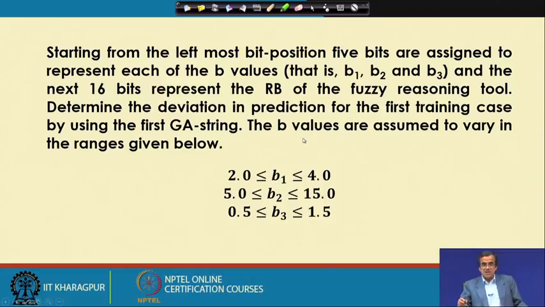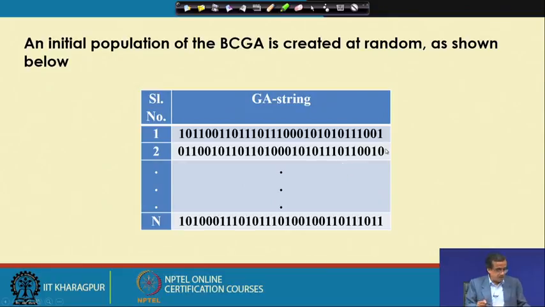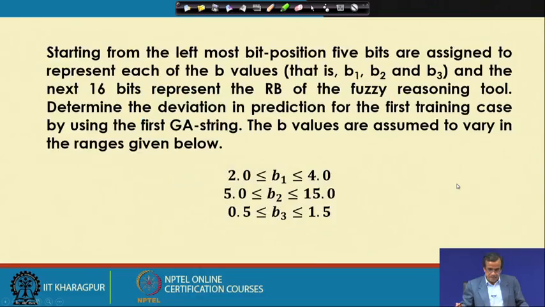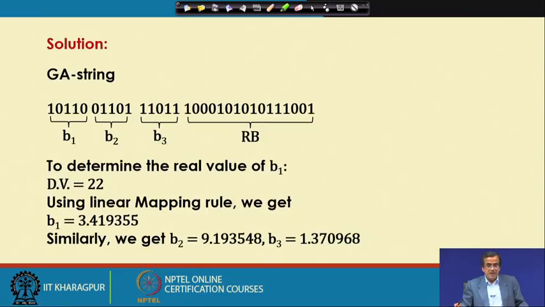The B values are assumed to vary within these ranges: B1 lies between 2 and 4, B2 lies between 5.5 and 15.0, and B3 lies between 0.5 and 1.5. So, this is the range for these variables. Now, we are going to solve it.